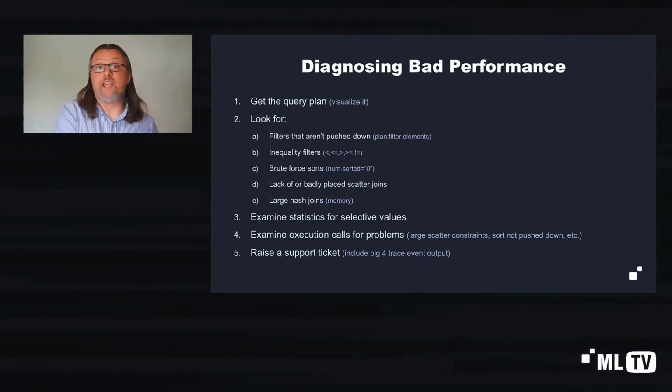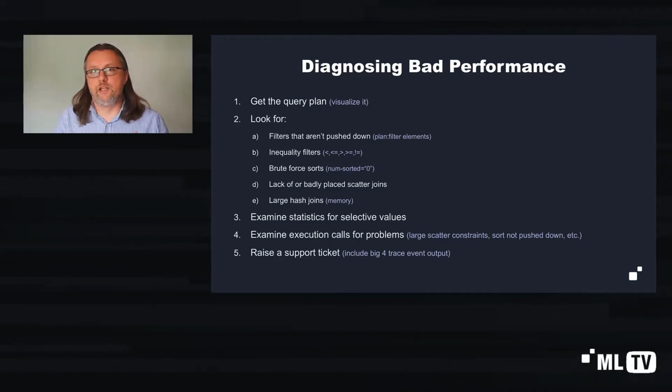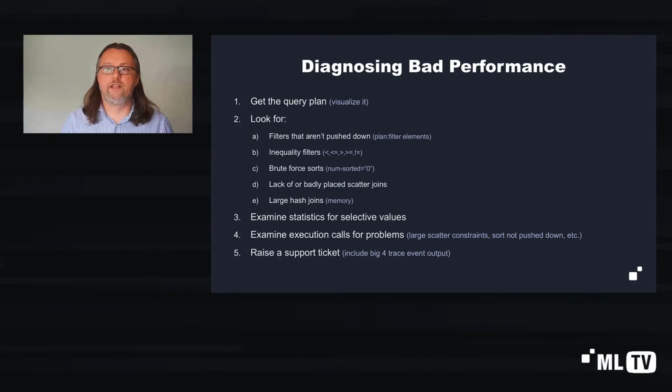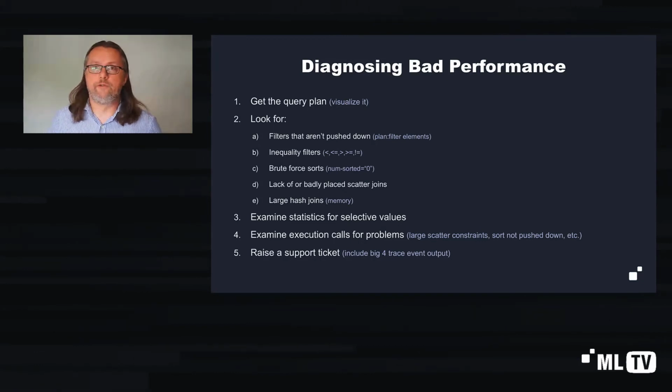Do look at the statistics, look for selective values, look at the view that the optimizer has of your data, and look at the execution calls for problems, potentially large scatter constraints, a sort that isn't pushed down, grouping that isn't pushed down, things like that. And raise a support ticket if you need help, but include the output from those big 4 trace events.